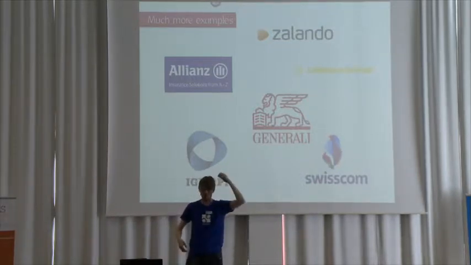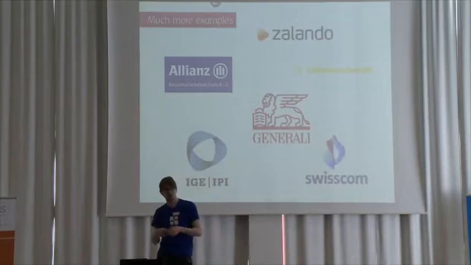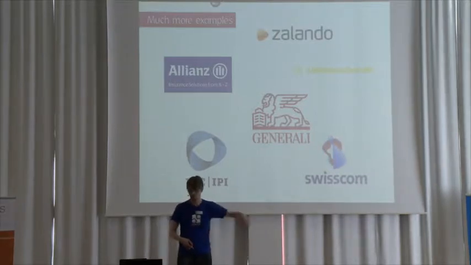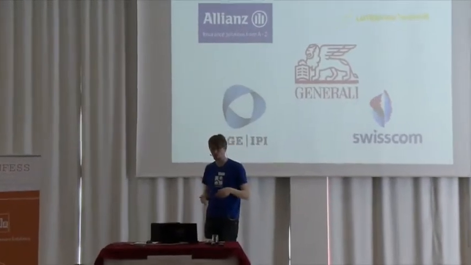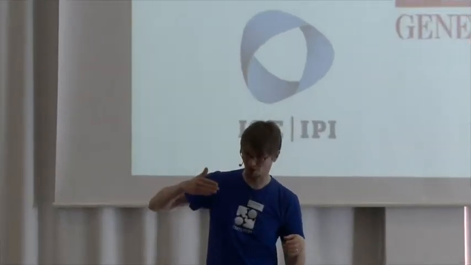Allianz in Asia does life insurance applications, the Swiss Patent Office does patent applications, and Swisscom does a lot around network management. Processes are everywhere, and there are a lot of examples. It's not about vacation requests, even if I do that today for the demo, but it's always important for me to make that hint.